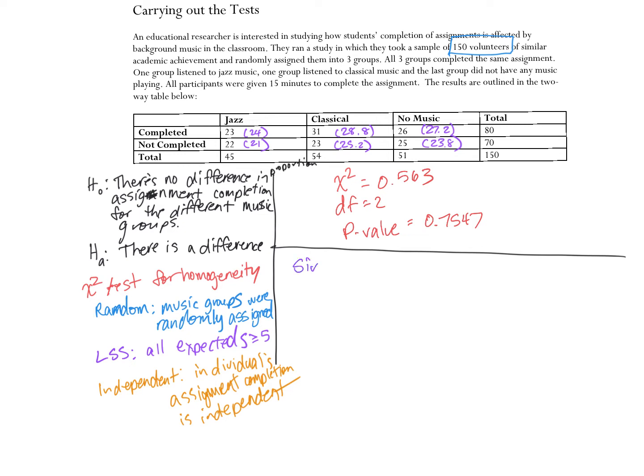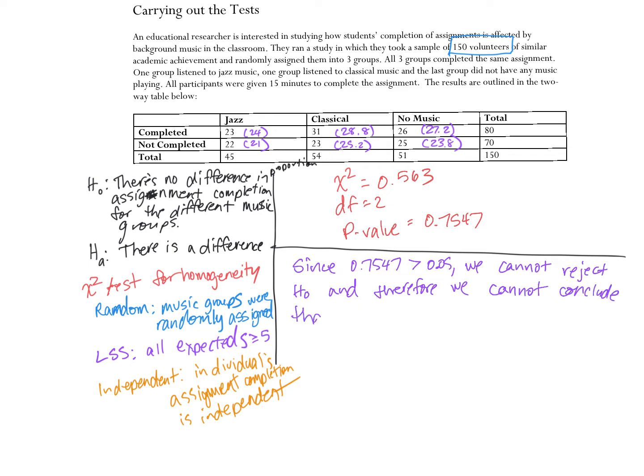Since 0.7547 is greater than 0.05, we cannot reject the null. And therefore, we cannot conclude that something.